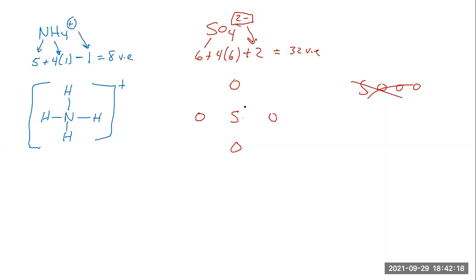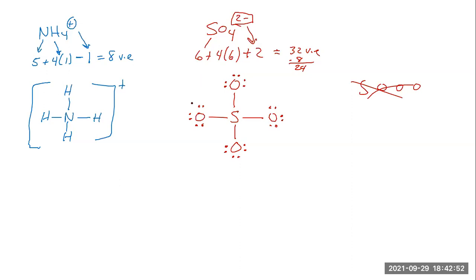We're going to do our single bond all the way around. That is 2, 4, 6, 8 electrons. So we subtract that off, do a little math. I think that's 24 left. They will go on the outside in pairs. So 2, 4, 6, 8, 10, 12, 14, 16, 18, 20, 22, and 24 at that point.